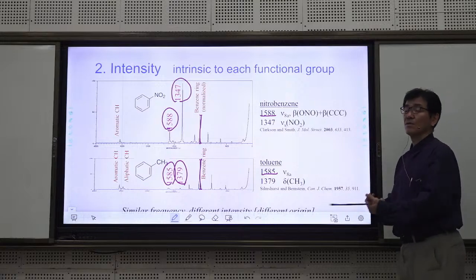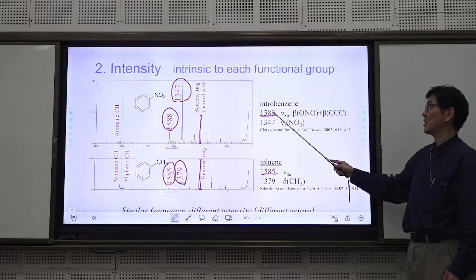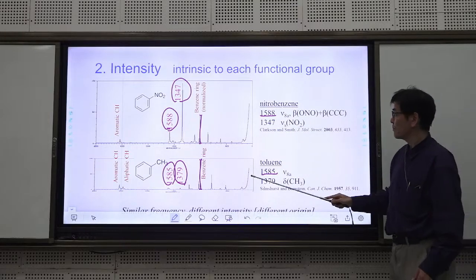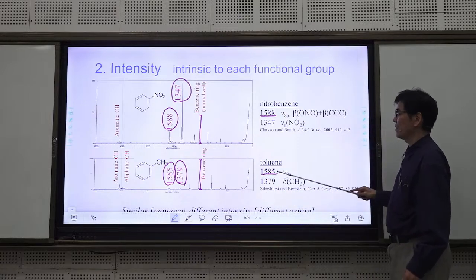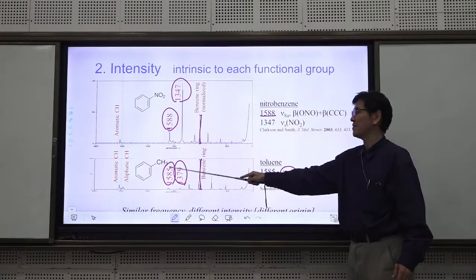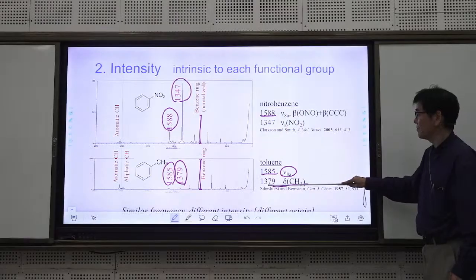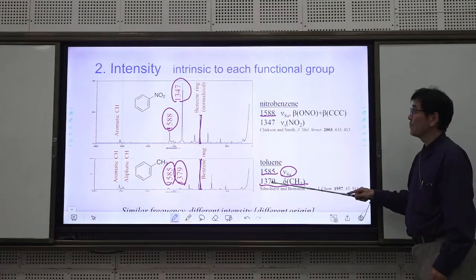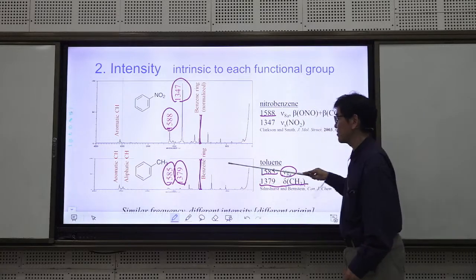So I check the textbook, and textbook says at 1588, benzene ring gives a peak, so it must be the 8A vibration of the benzene ring. Okay, benzene ring appears also here. And 3079, it should be methyl group. Then from this result, I can assign this spectrum to toluene.